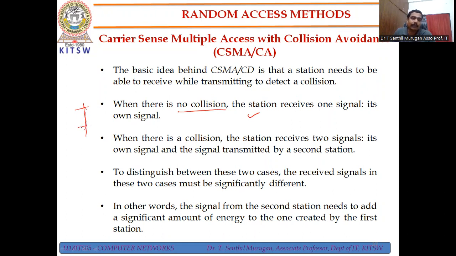If within the time limit any other frames come, then we can say a collision may have occurred there. To distinguish between these two cases, the received signal in these two cases must be significantly different. In other words, the signal from the second session needs to add a significant amount of energy to the one created by the first session.